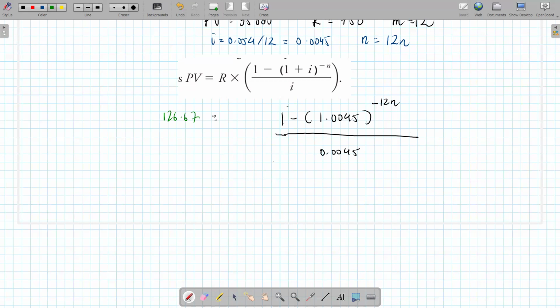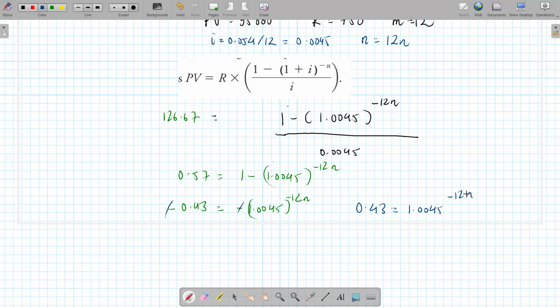All right, so that gives me 0.57 equals 1 minus 1.0045 to the power of negative 12n. You subtract 1. So you'll get negative 0.43 equals negative 1.0045 to the negative 12n. The negatives will cancel out. So then you'd get 0.43 equals 1.0045 to the power of negative 12n.